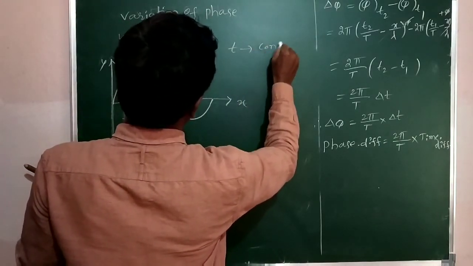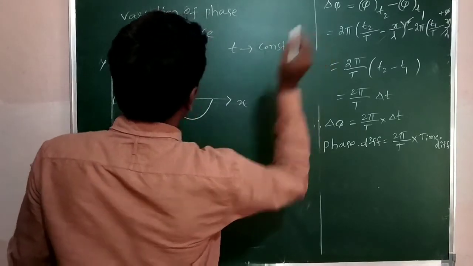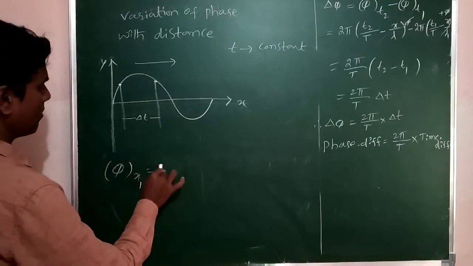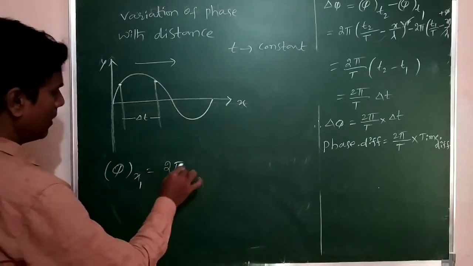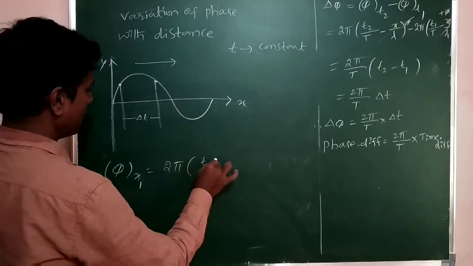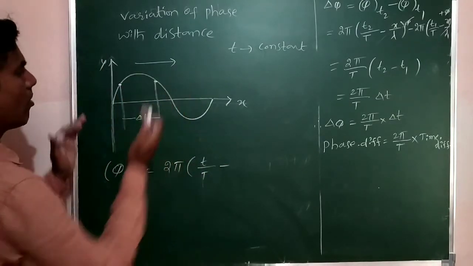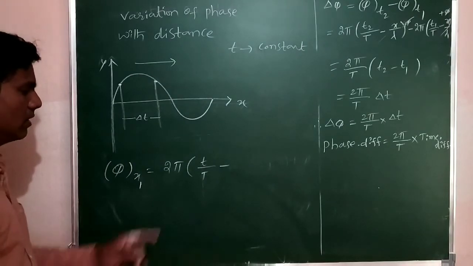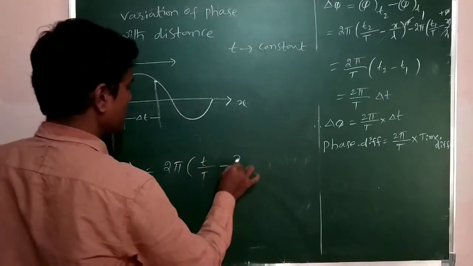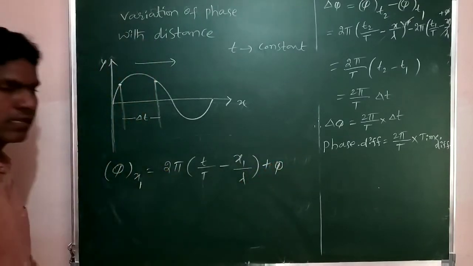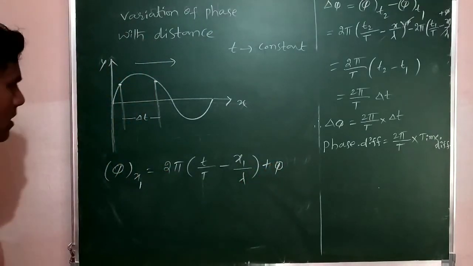Time is constant here. At constant time, phi of x1 is equal to 2 pi of t by capital T minus x1 by lambda, when the wave moves along the positive x direction, the total phase is phi, can be written like this.